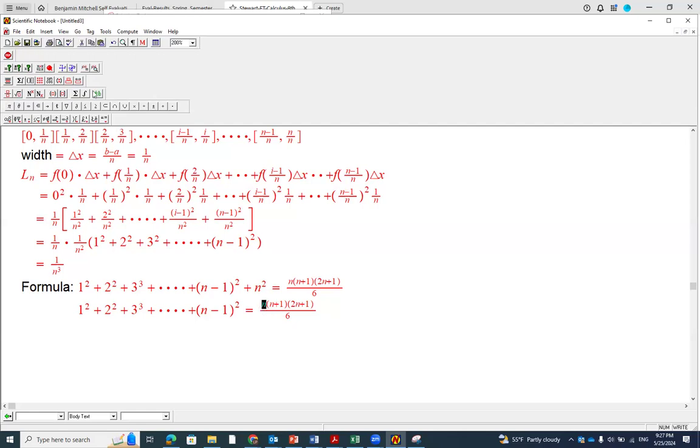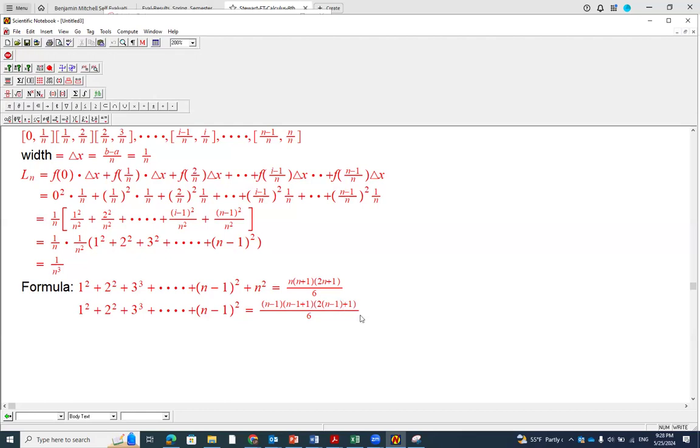So this will become n minus 1, and n will be replaced by n minus 1.